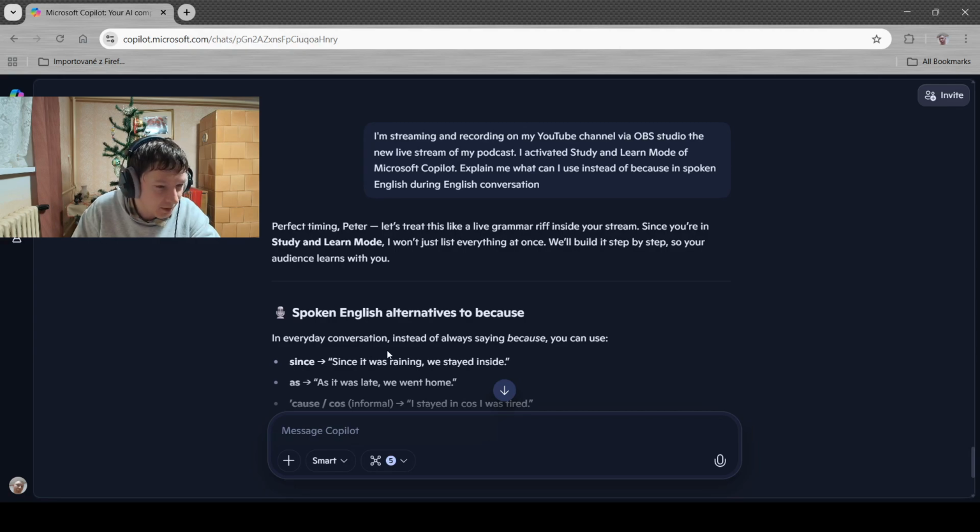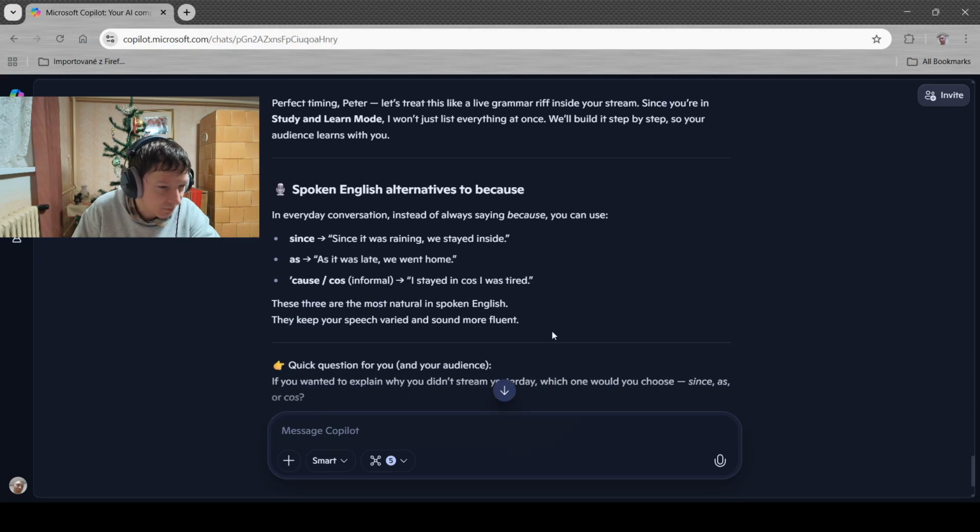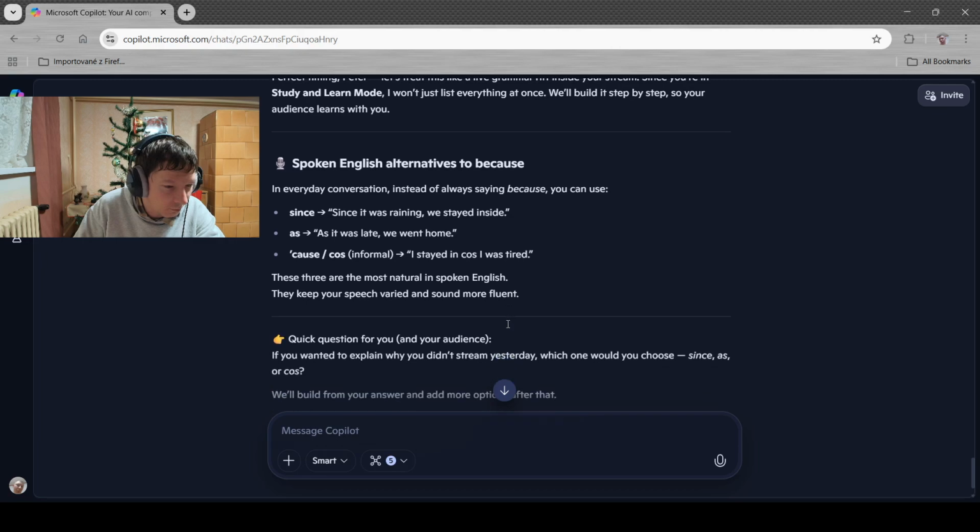In everyday conversation, instead of always saying "because", you can use "since": Since it was raining, we stayed inside. "As": As it was late, we went home. "Cause", informal: I stayed in 'cause I was tired. These three are the most natural in spoken English. They keep your speech varied and sound more fluent.